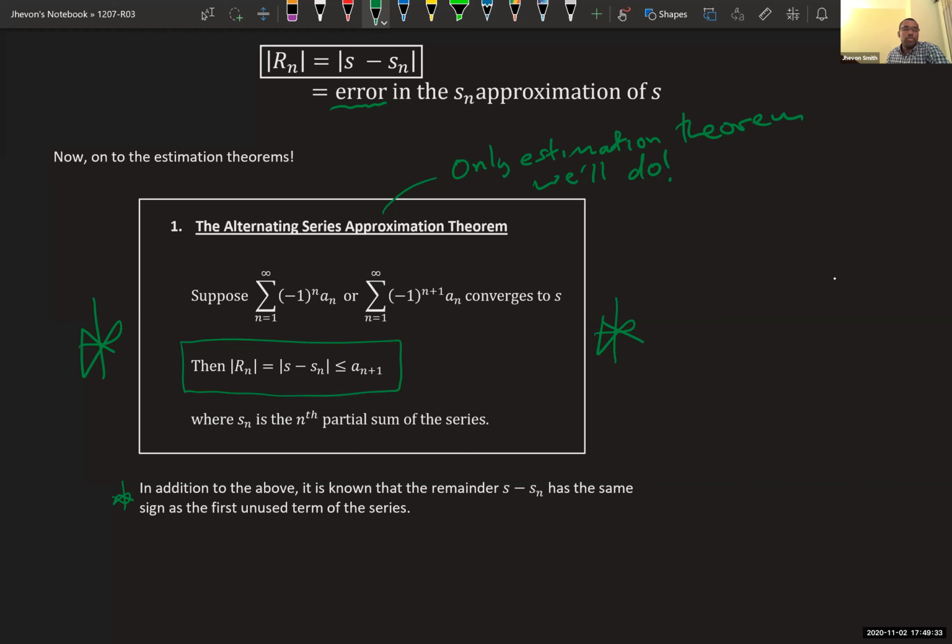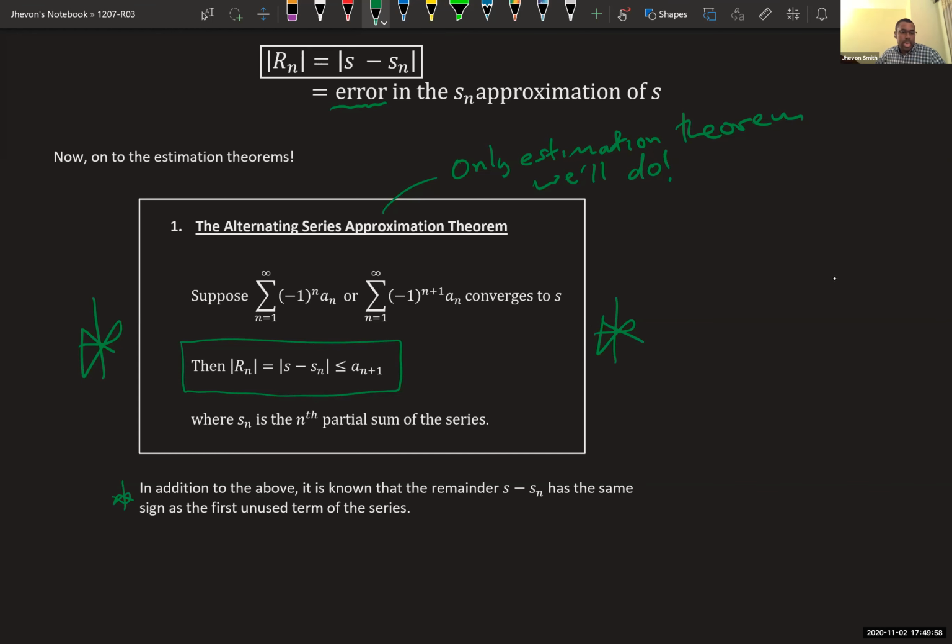So if the a_{n+1} term is negative, then s minus s_n is also negative, which tells you the partial sum is actually larger than the actual sum. So the a_{n+1} term tells you how close you are to the actual answer, and you can actually know which side of the fence you're on.